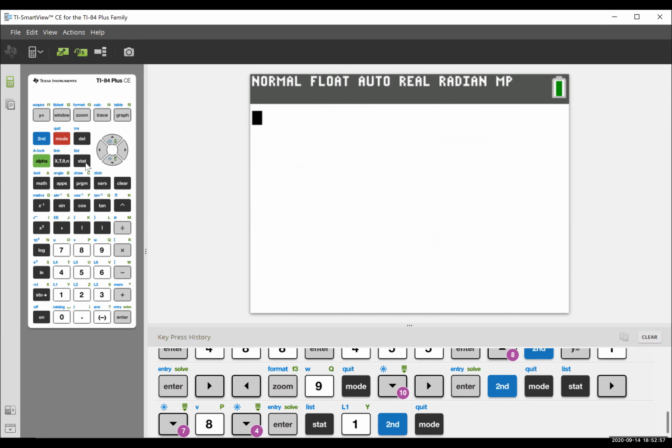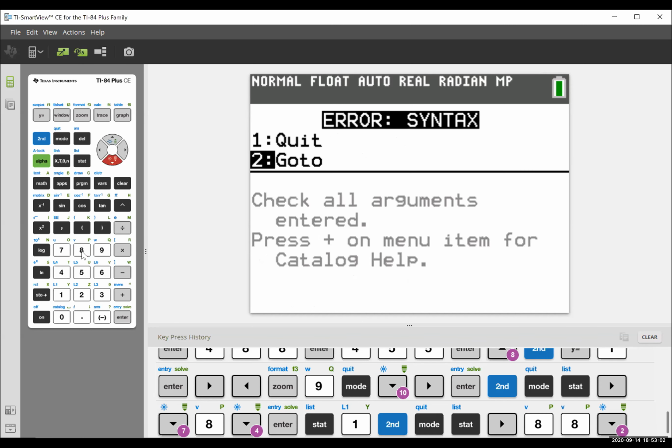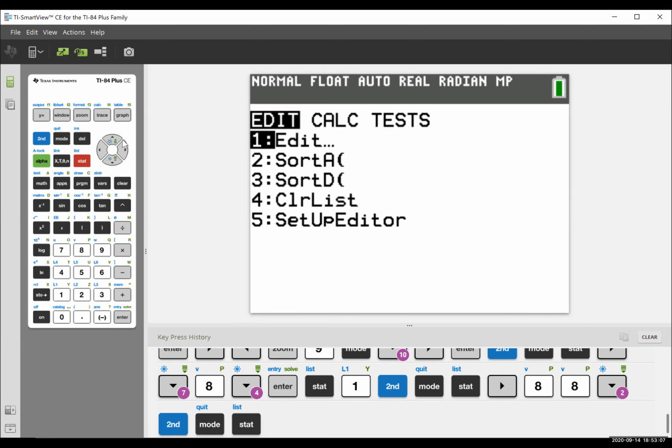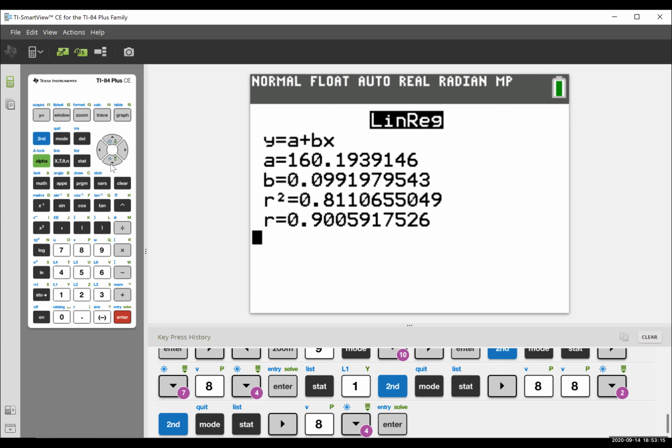So again, StatCalc 8, calculate. So we have our A and B, and so this is your guide here. Y is equal to A plus BX. So meaning you just need to copy in this format, y is equal to a plus bx.